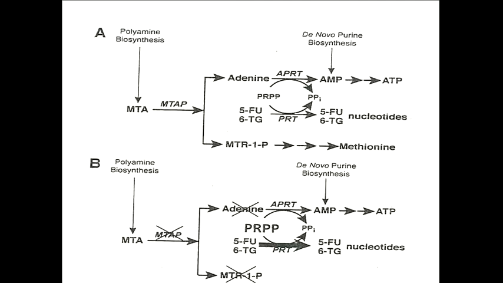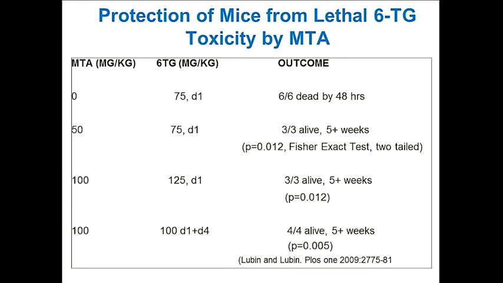It uses up PRPP, so there's less available for the conversion of 6-thioguanine or fluorouracil into nucleotides. So MTA pretreatment then decreases the amount of nucleotides and cytotoxicity of these drugs. In the absence of MTA, there's less PRPP used by adenine, and in fact, fluorouracil and 6-thioguanine are more effectively converted to nucleotides. So does it work?